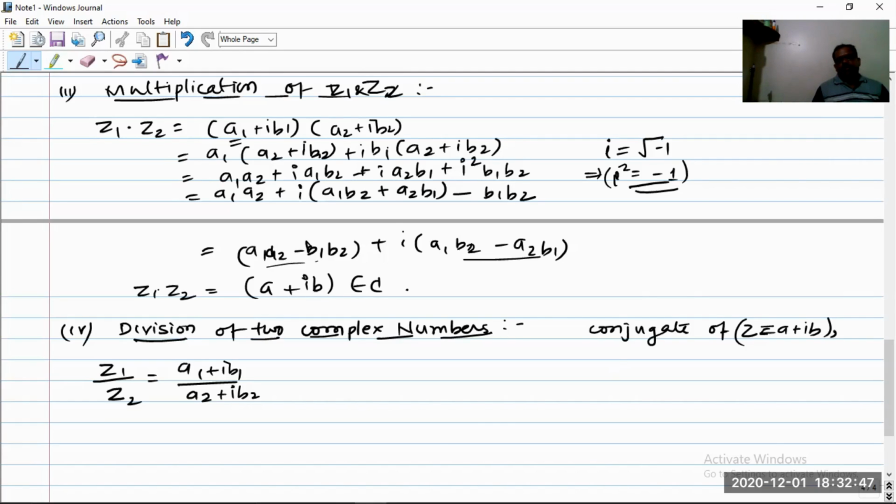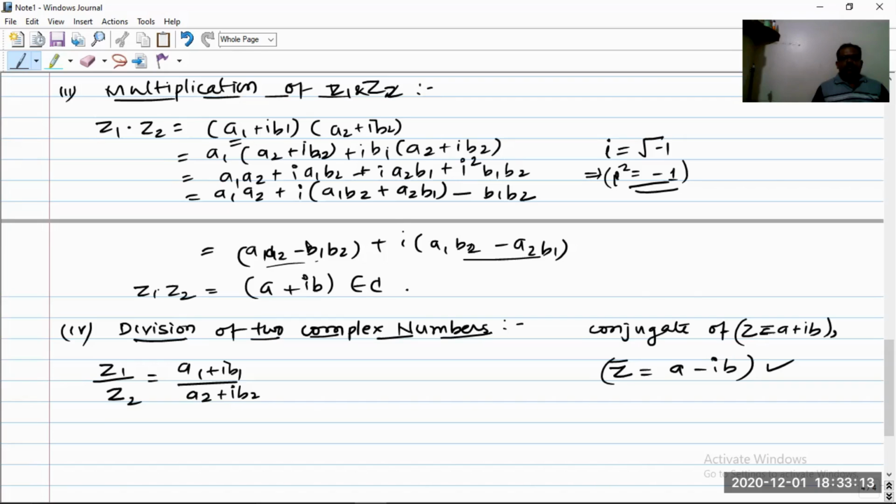I denote the conjugate of z by z bar, and it is obtained from z just by changing the sign of the imaginary part. So it will be equal to a minus ib. That is called the conjugate of a complex number.